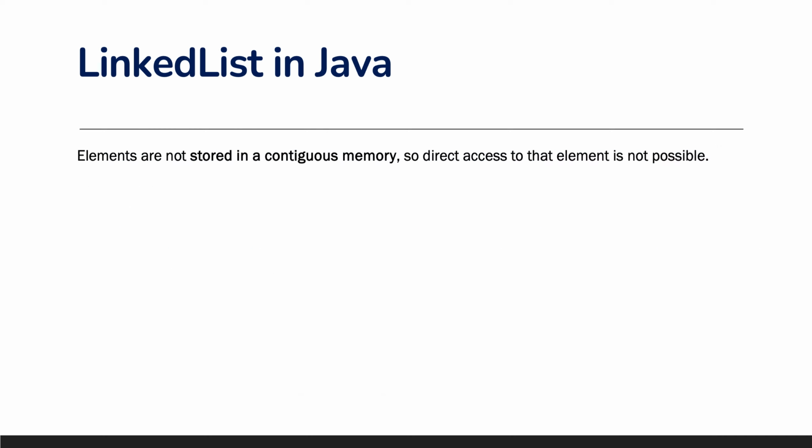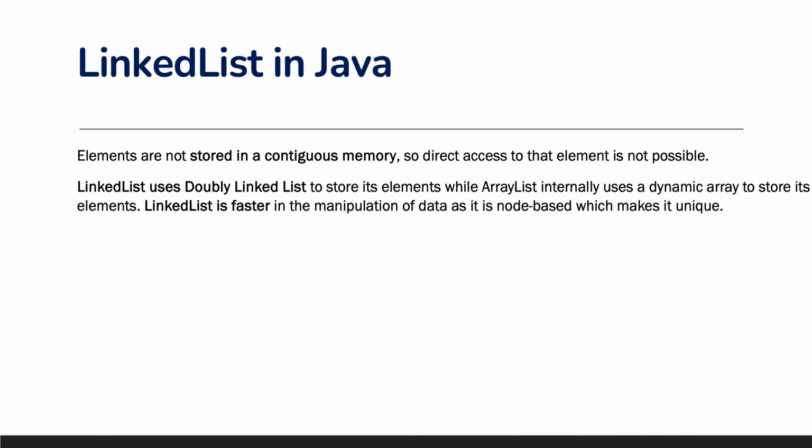So basically this is what I was talking about. Elements are not stored in contiguous memory, as happens in the ArrayList. So direct access to an element is not possible. If we want to access an element, we have to go one by one to search for the actual element.